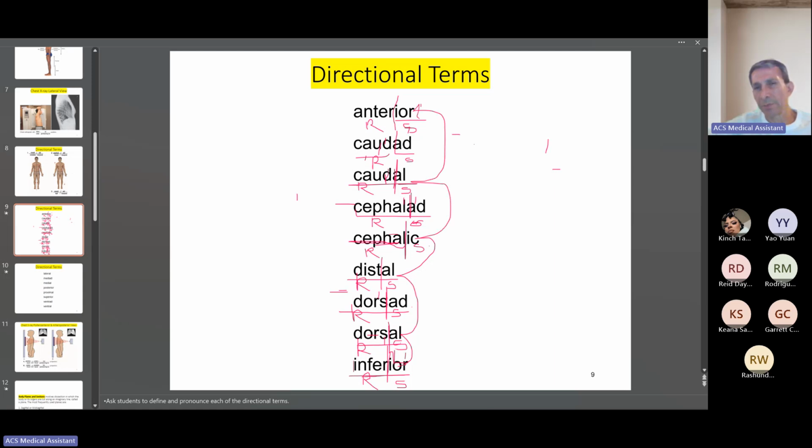All these mean pertaining to: IOR, AL, IC, pertaining to. AD, towards. Pertaining to the lower part, inferior. So that's how you need to interpret this.